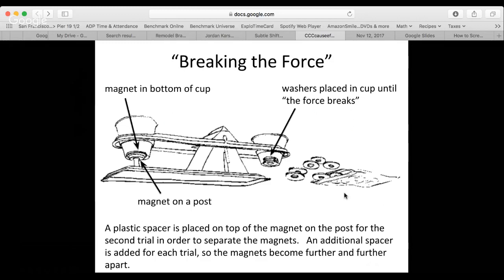In each subsequent trial, a plastic spacer is put on top of the magnet on a post in order to separate the two magnets. As you add spacers, you separate the distance between the two magnets. And each time the students record the number of washers it takes to break the force.